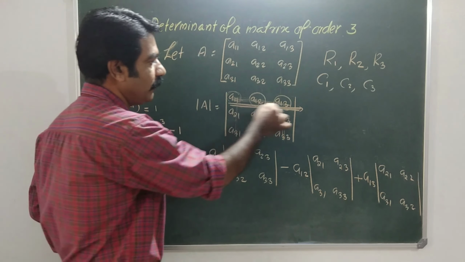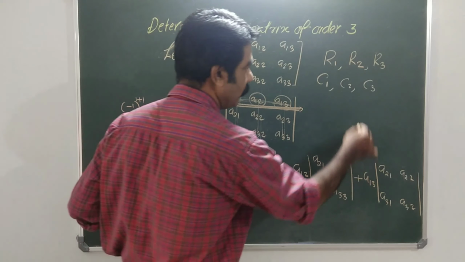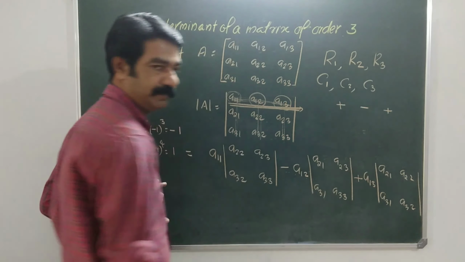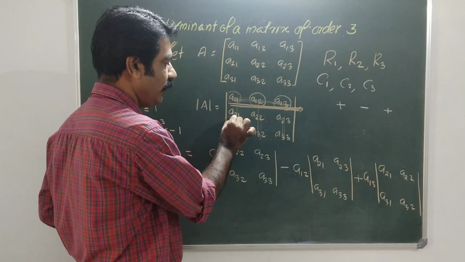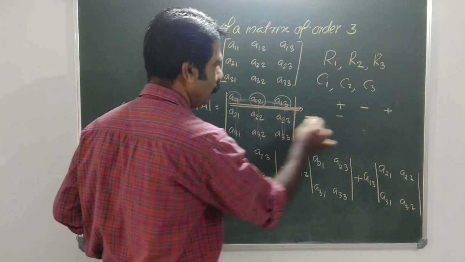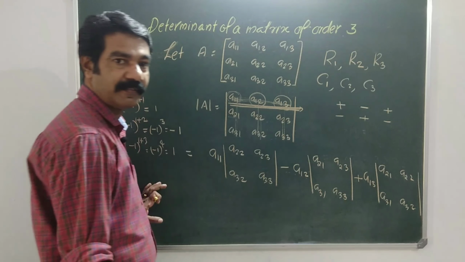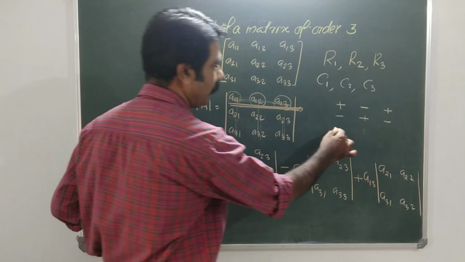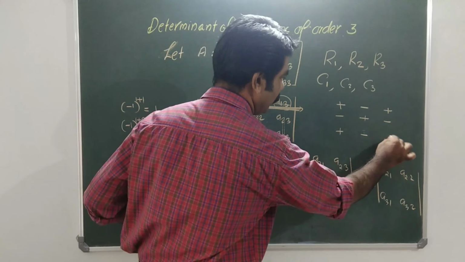When expanding along the first row, the first term is positive, the second term is negative, the third term is positive. If you expand along the second row, A21 has a negative sign, A22 is positive, A23 is again negative. And if you expand along the third row, A31 is positive, A32 becomes negative, and A33 becomes positive.